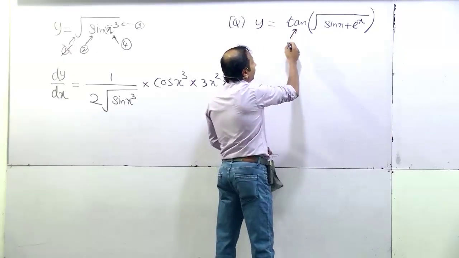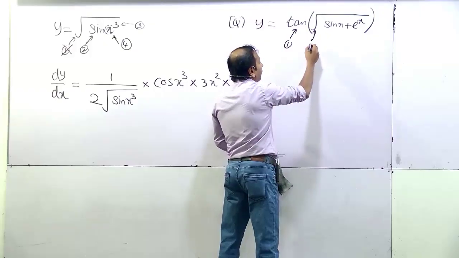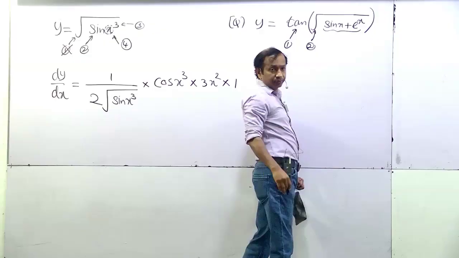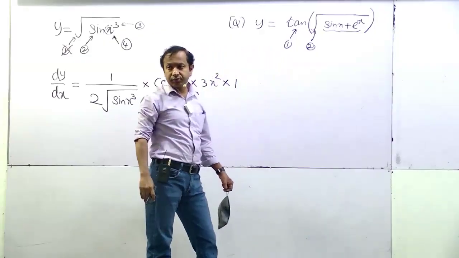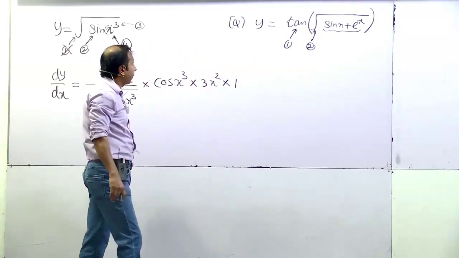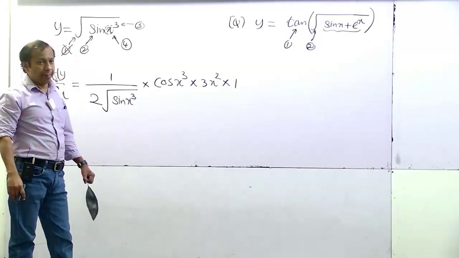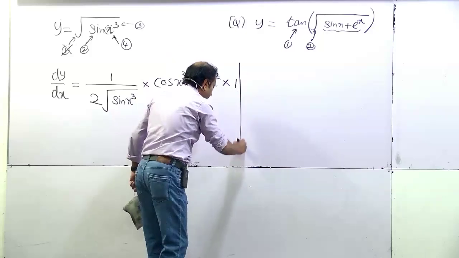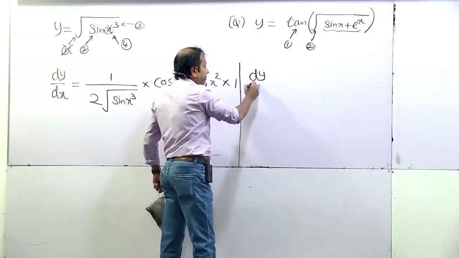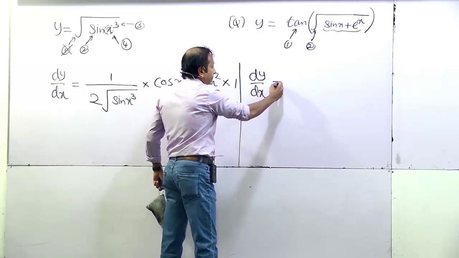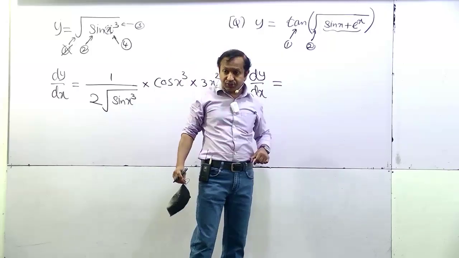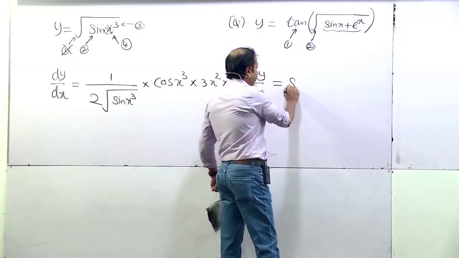First tan. Second one is root. Third one is sum. dy by dx. What is the derivative of tan? Sec squared.